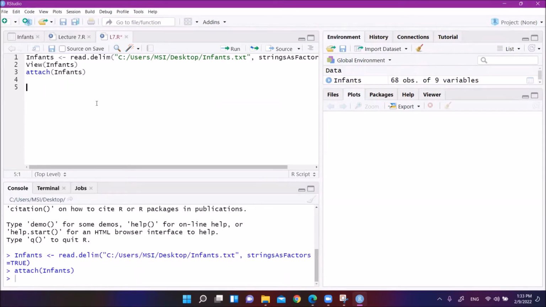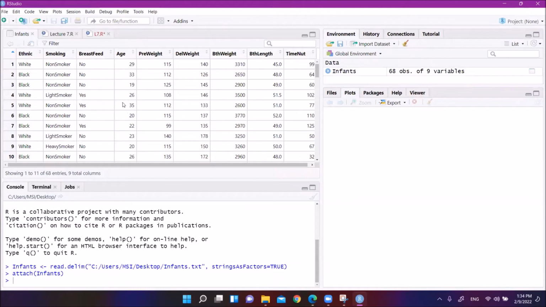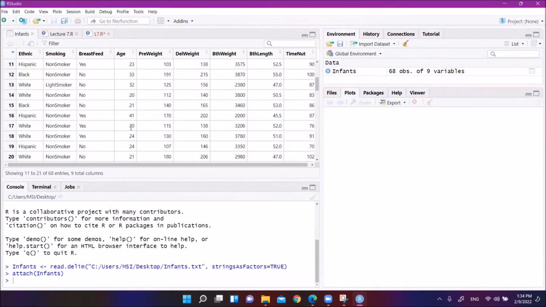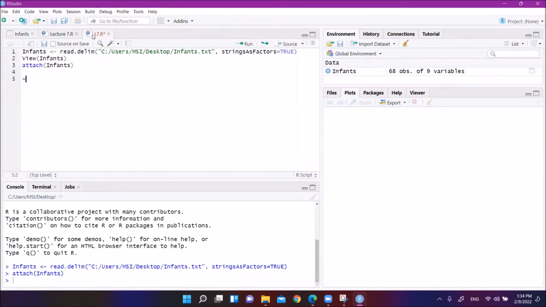Right. So let's say I want to test whether the mean age, the average age of basically the mothers of the infants, is 25. It's different from 25. So what would be our H0?